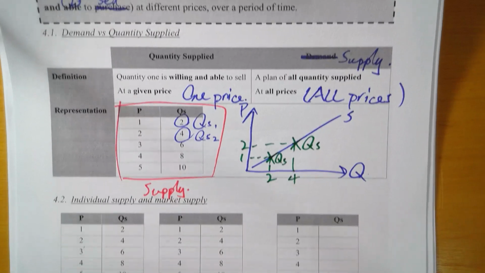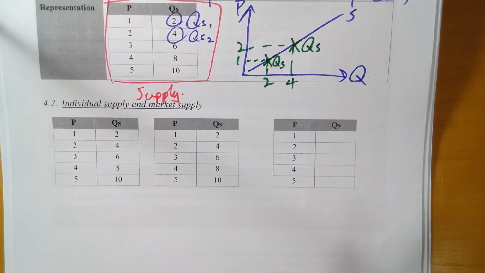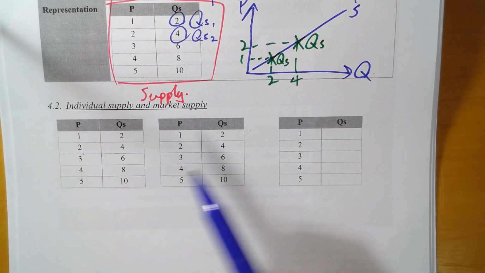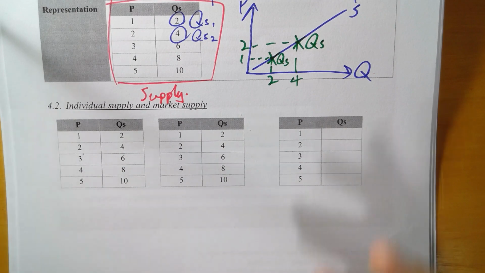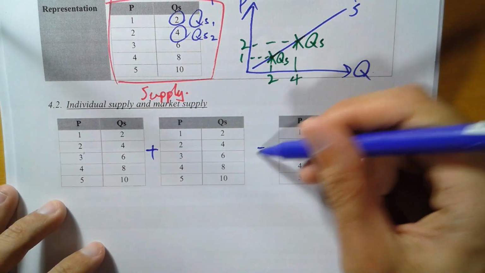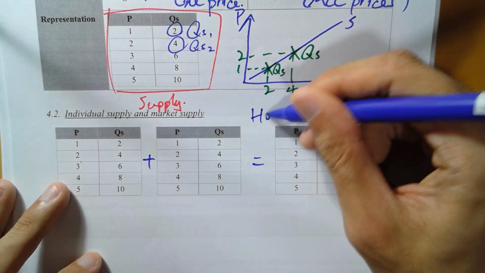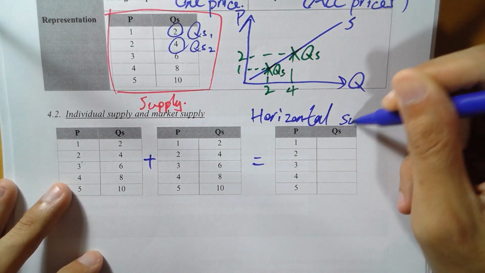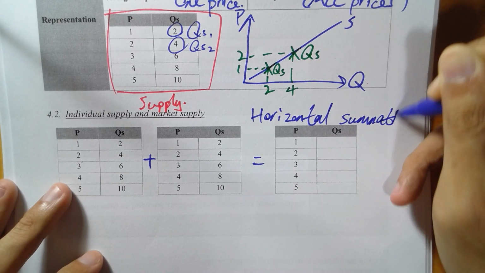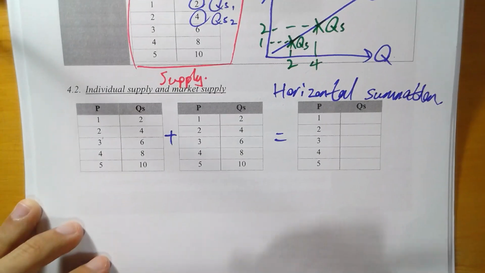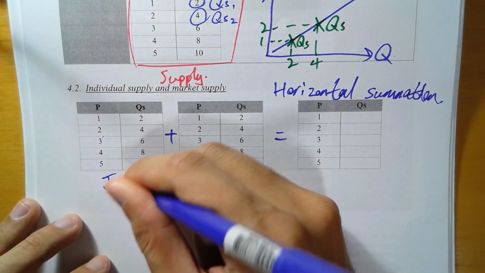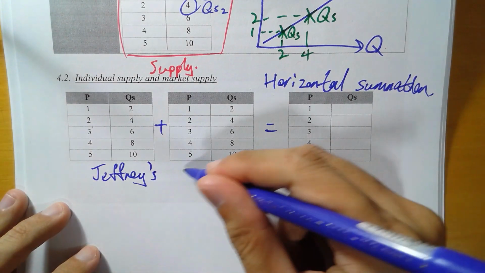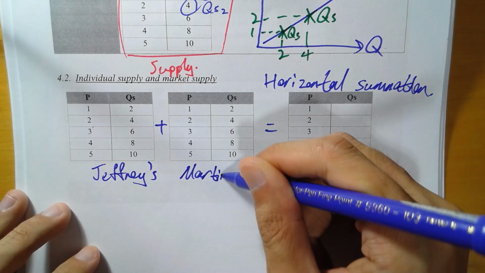I don't think it's going to be difficult. Now, the same as demand, when we have individual supply, how do we get market supply? We do horizontal summation. 嗱，又係呢招啦。Horizontal summation. 咩意思呢？It means, let's say this is Jeffrey's supply, and this is Martin's supply.